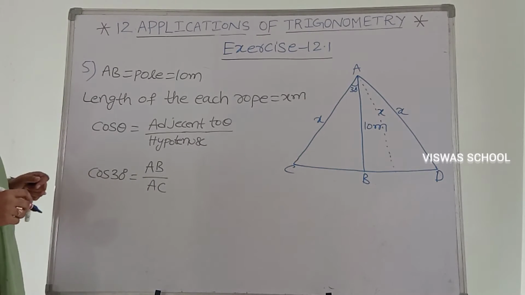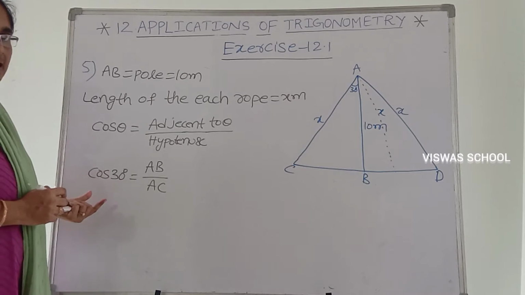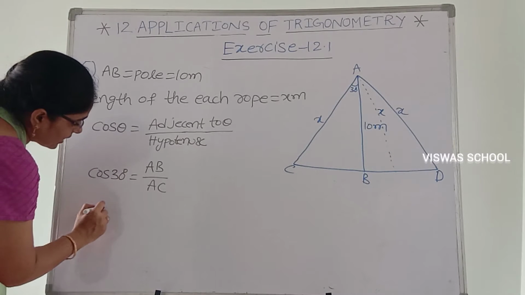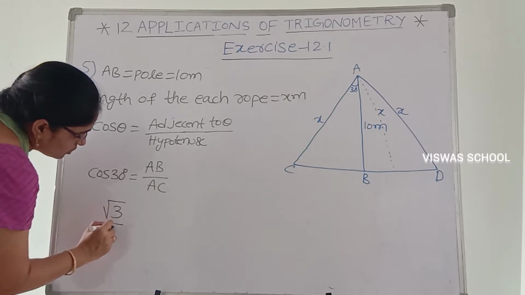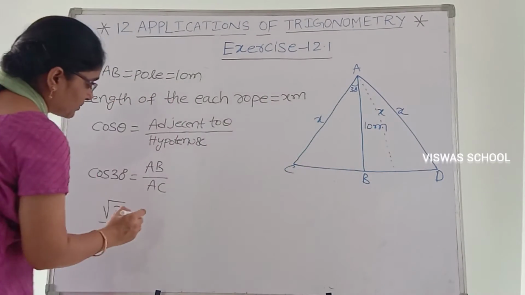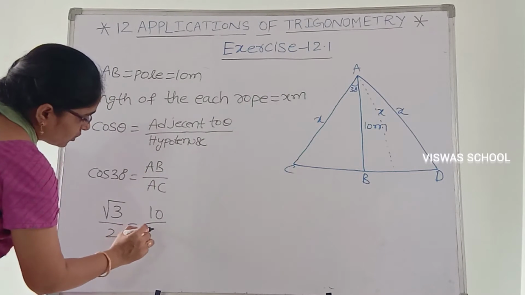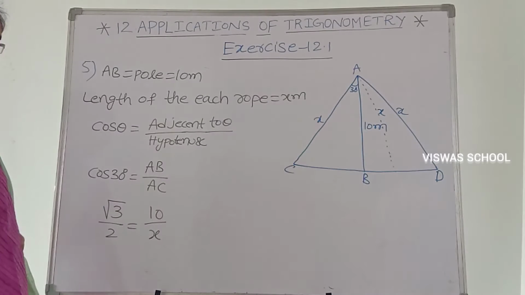Now from the trigonometric values, cos 30 degrees is equal to sin 60, and that value is root 3 by 2. Now AB is 10 meters, so 10 by AC, and the length of the rope is x.